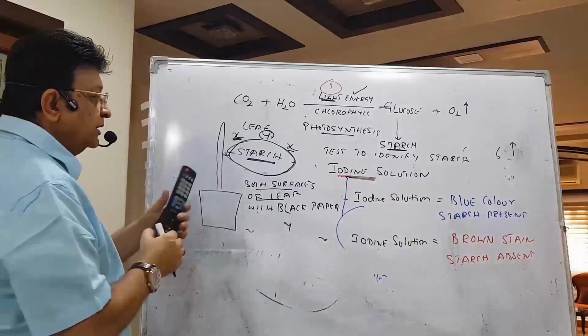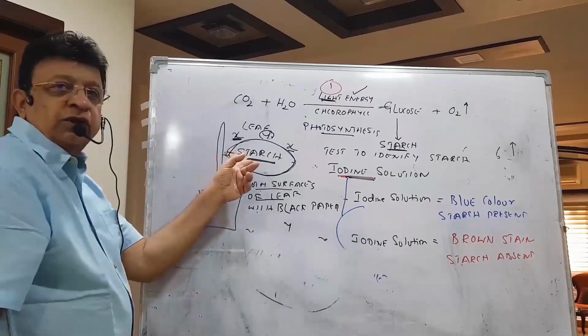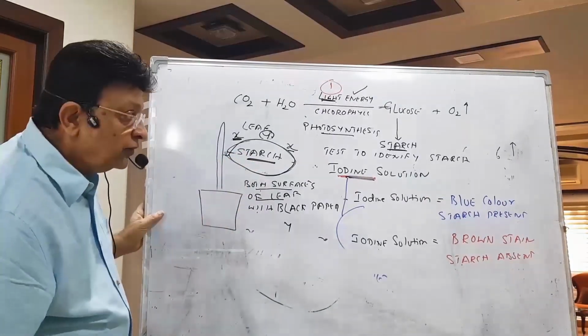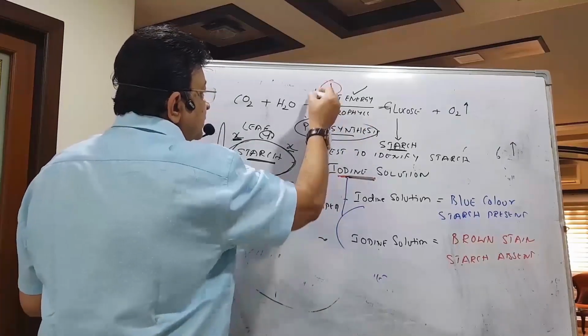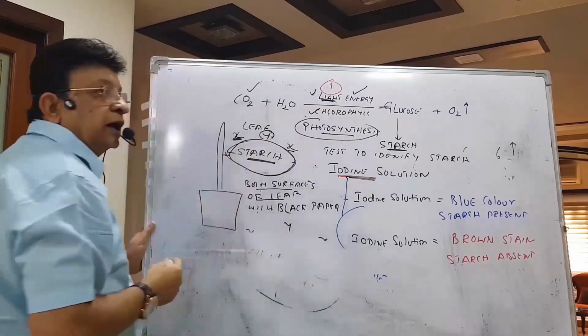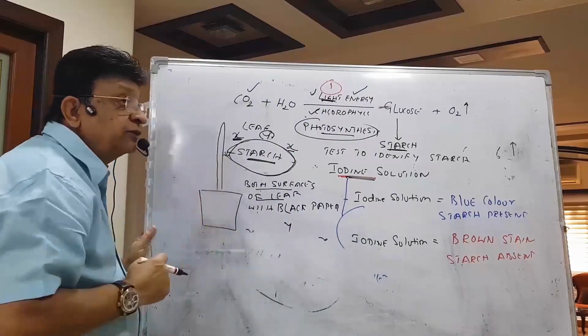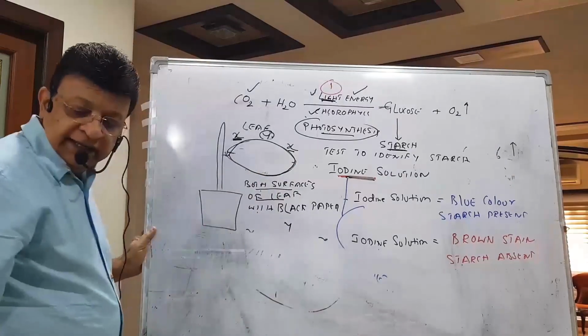So even if I cover with a black paper, it will still turn blue because starch is already present. So therefore, before conducting an experiment to demonstrate the requirements, light, chlorophyll, and carbon dioxide, you will have to make sure that starch is not present.